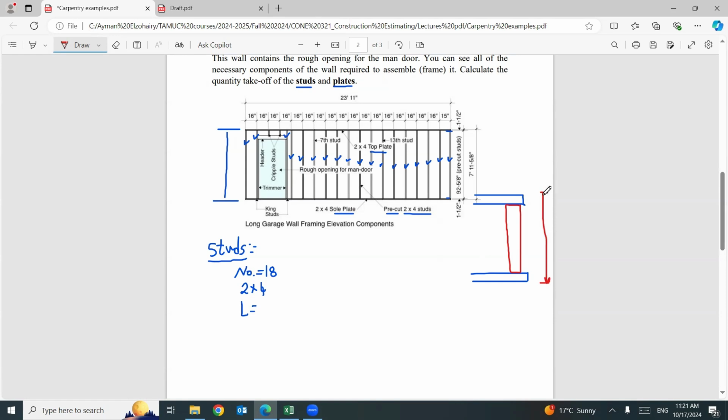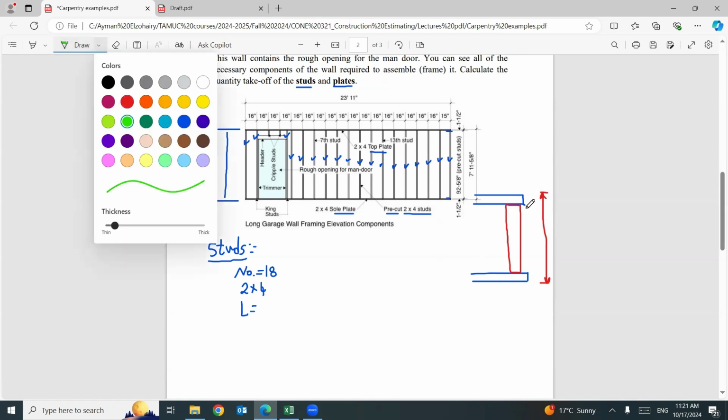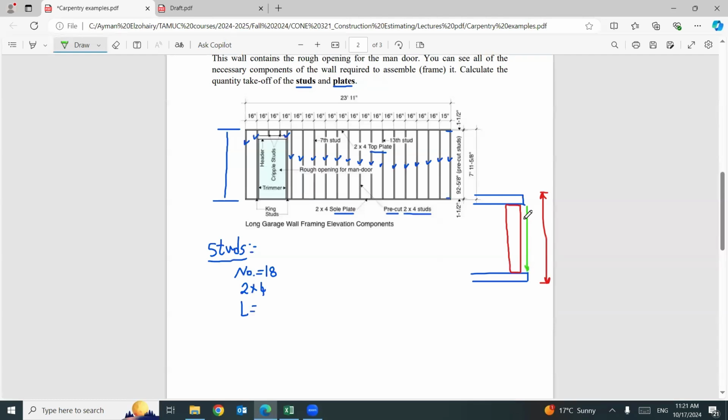If you would like to figure out the total length of one stud, which is this one, you have to subtract this thickness and this thickness, which is 1.5 inch and 1.5 inch. You know what I mean? Sometimes you can say it's not a big deal, but to be more accurate, we have to consider these dimensions.